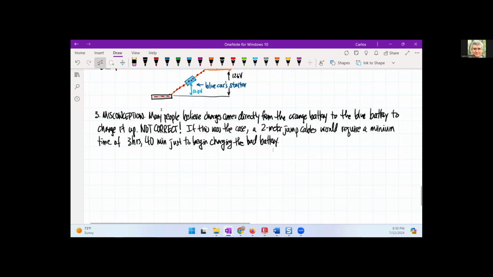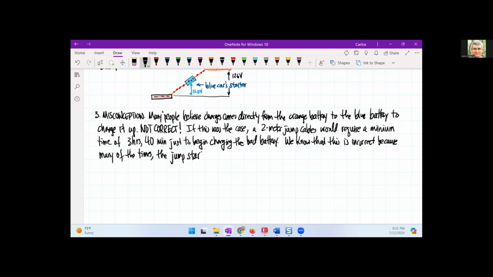We know that this is incorrect, because many of the times the jump start immediately turns on the blue car.